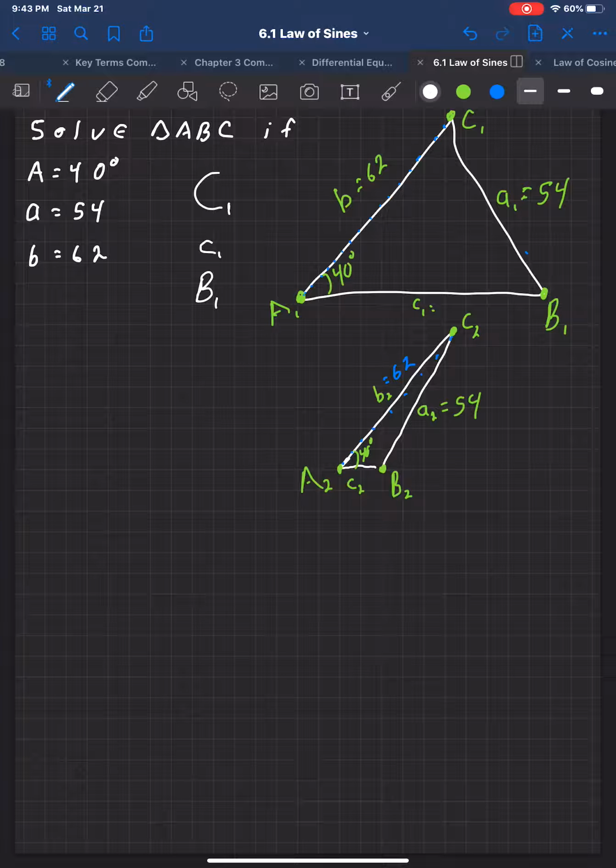For triangle 2, we're going to need angle C, side C, and angle B. And like I said, these actually do change for each triangle.